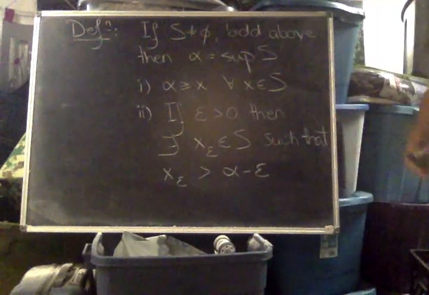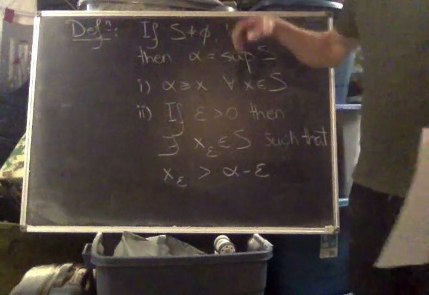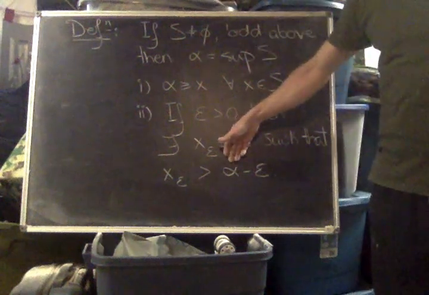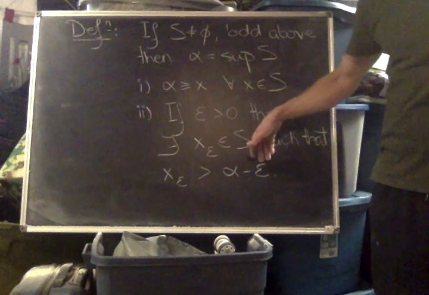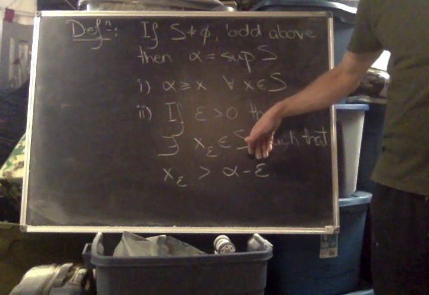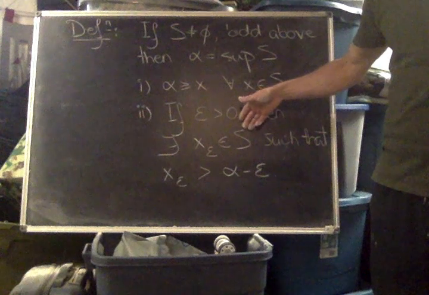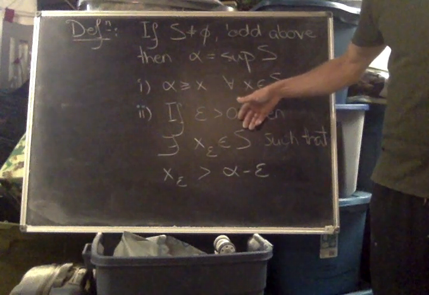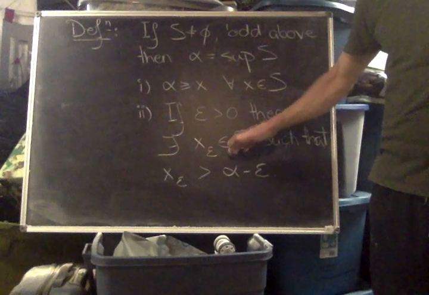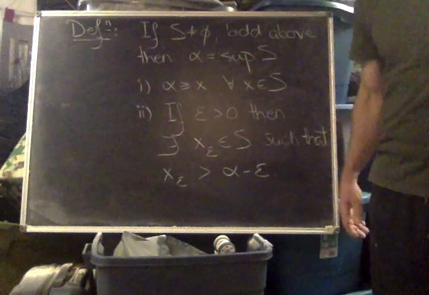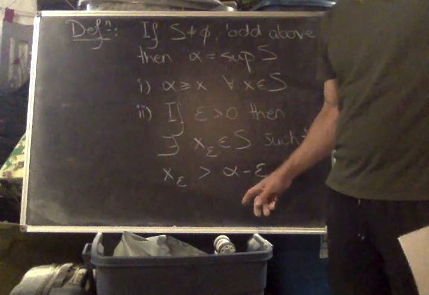Okay, so the idea here being that alpha is supposed to be the sup, the smallest upper bound. So if you make alpha smaller by any amount, no matter how tiny, you'll always be able to find something from the set that's bigger than that now slightly smaller number. Okay, so alpha is the absolute smallest upper bound that you can possibly get.